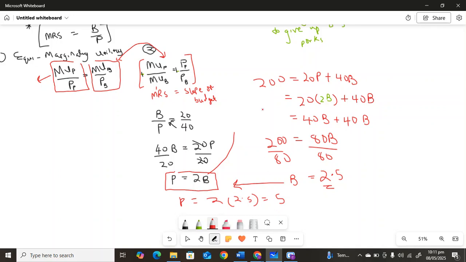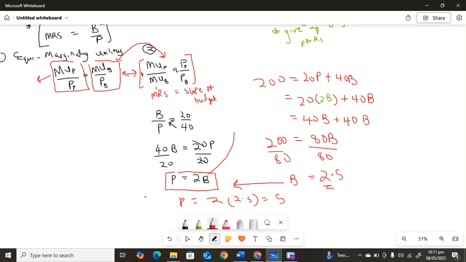Okay, which is represented by these two conditions here. Okay, the tangent utility condition and the equimarginal utility. Now, the reason why I haven't chosen the equimarginal utility is because we need to first get our total utilities, get our marginal utilities. So it's a longer process. But eventually, with both processes, you're going to find that for this consumer to get the most satisfaction, they need to get 2.5 units of beef and 5 units of pork.